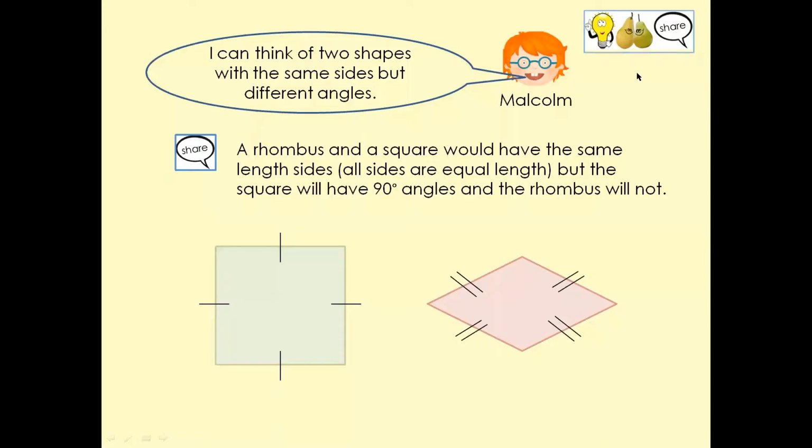For example, that's a square here, that's the rhombus. Sides are equal, but in a square all the angles are 90 degrees, but in a rhombus the sides are still going to be equal, but angles are not going to be 90 degrees. That's an example of shapes where the sides are the same, but angles are different.